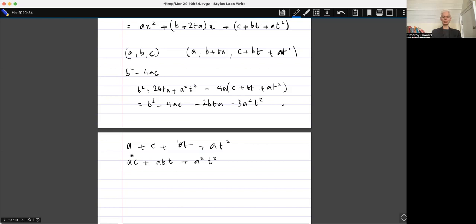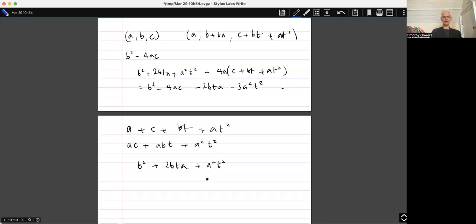And I was also having b plus 2bta plus a squared t squared. So I'm just going to write down things that I can generate.